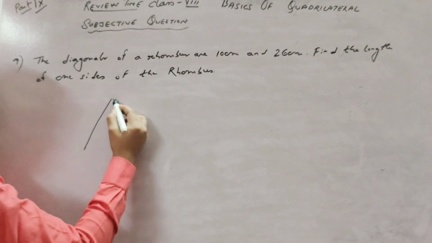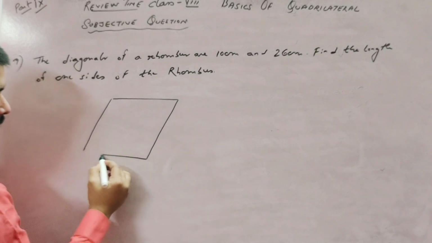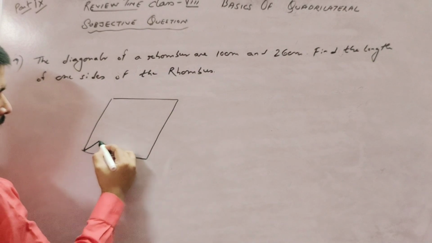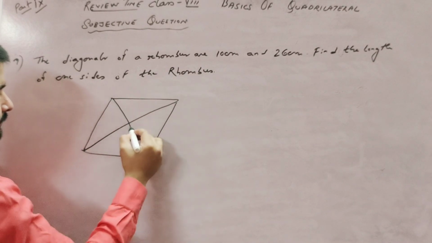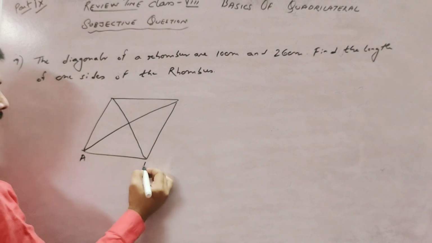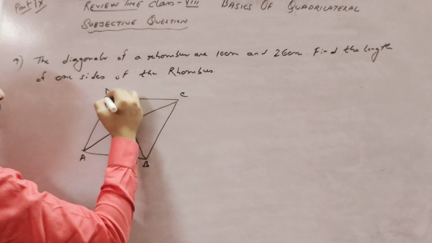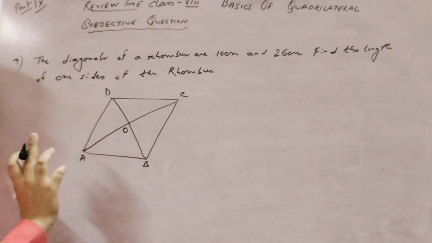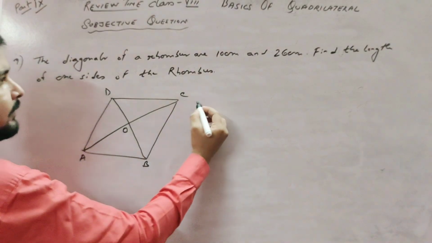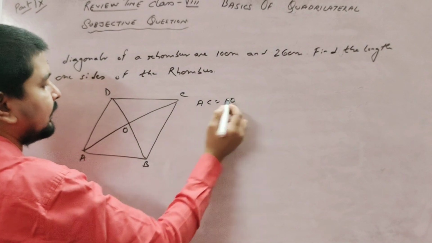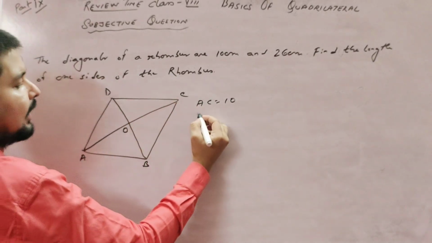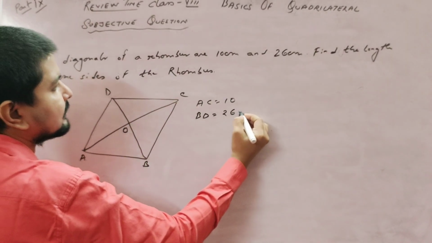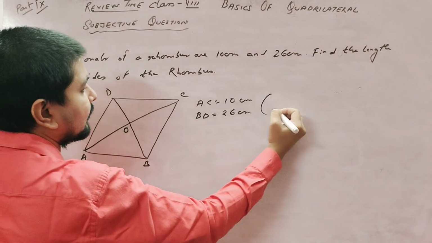First of all, we draw a rhombus. This is the rhombus figure, and this one is the diagonal. A, B, C, D. AC equals 10, that means this diagonal is 10, and BD equals 26 centimeter, given.